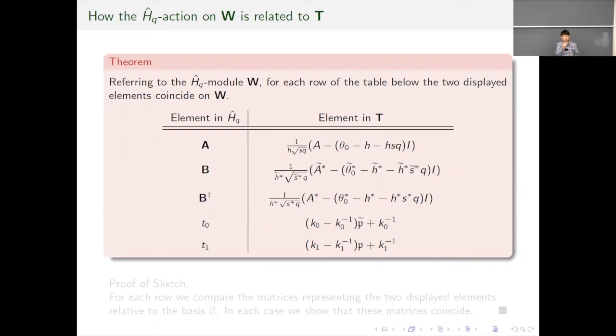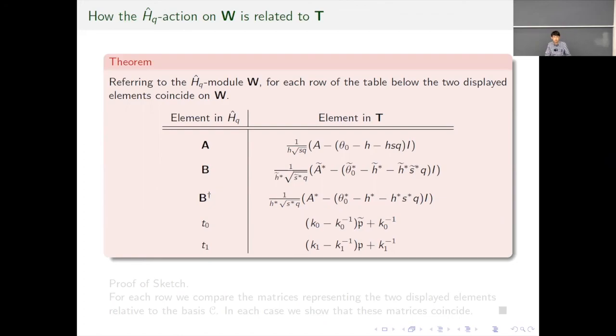If I take only these generators here, is it isomorphic to the DAHA, or is it a sub-algebra of the DAHA? These are elements in the original algebra. Do they generate all the algebra or just a sub-algebra of the DAHA?